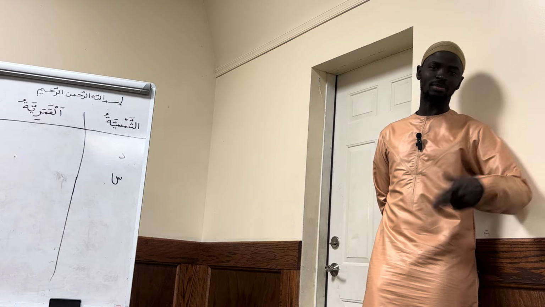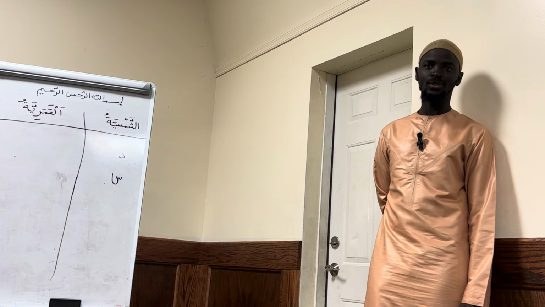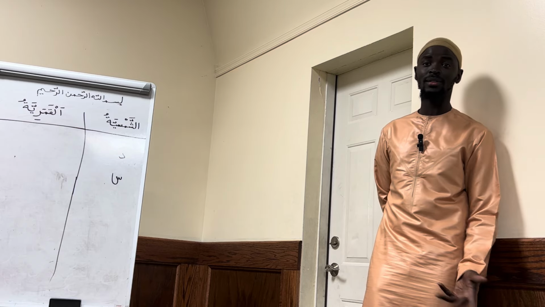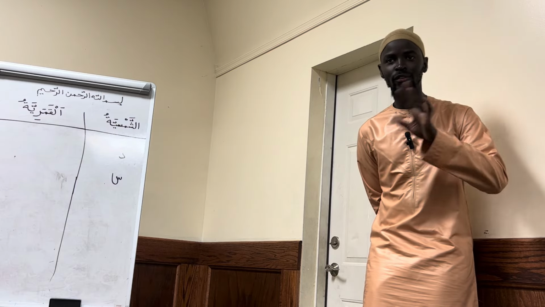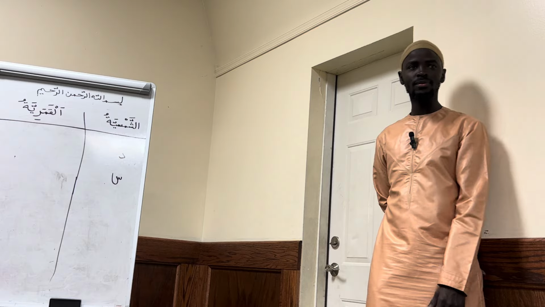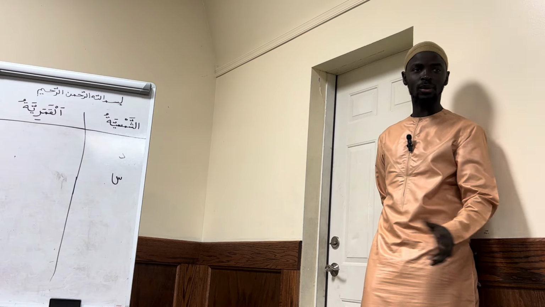If you say mice, it is mice. Cat is cat. You understand? Tiger is tiger. Does the tiger have a name other than tiger? But the humans, they have different names. If I say Muhammad, I know this is Muhammad. If I say Adam, I know this is Adam. So all the names are what?